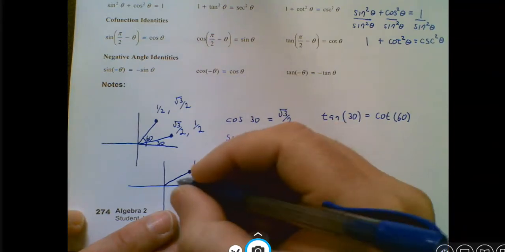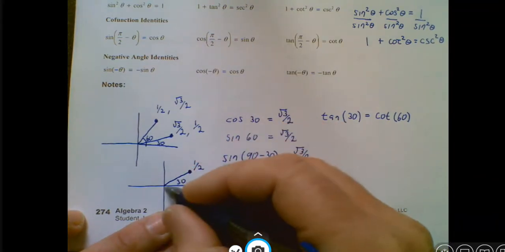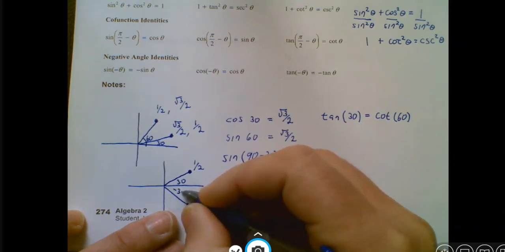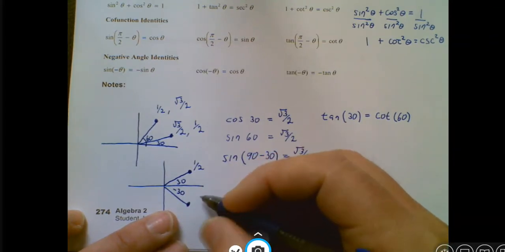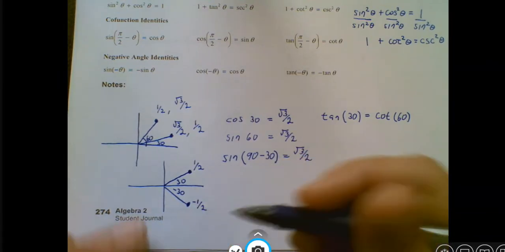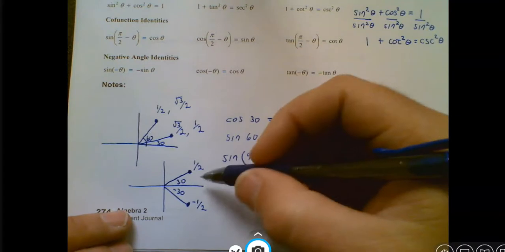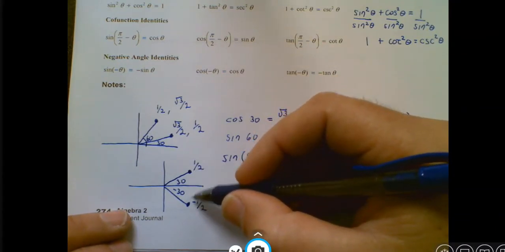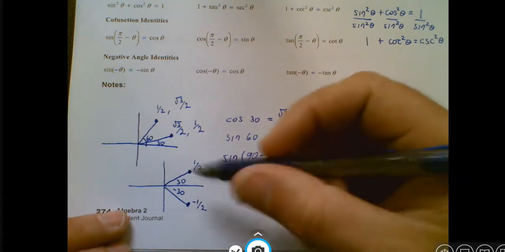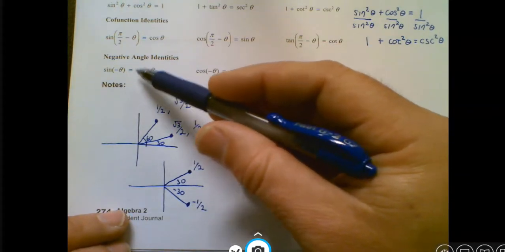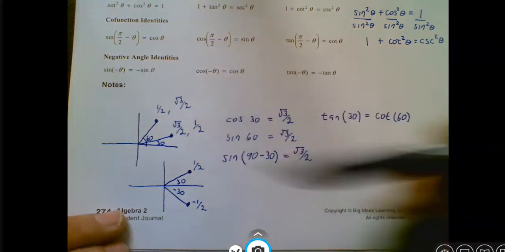If I were to travel negative 30 degrees, so if I were to go this direction, my sine value would be negative 1/2. Because sine values represent a y coordinate, right? This is like traveling up, it's positive, and if I travel down, it's negative. So my sine values do change, positive or negative, depending on which direction I travel.